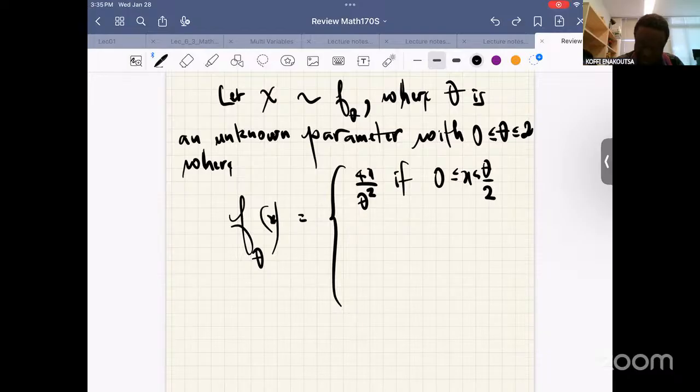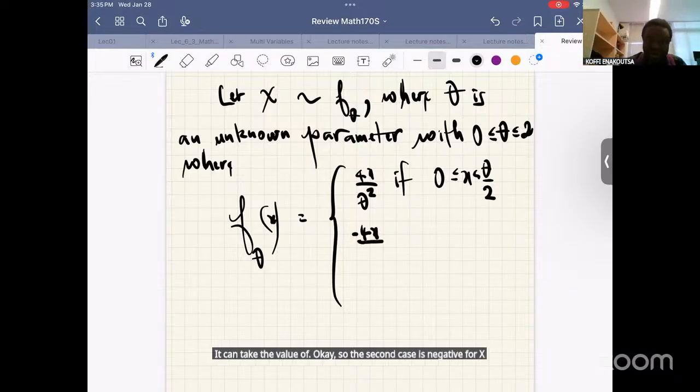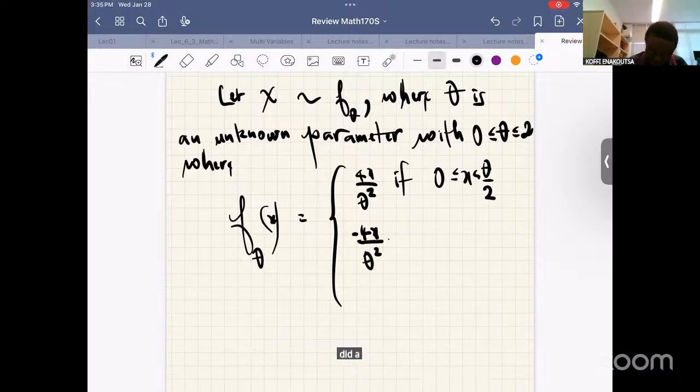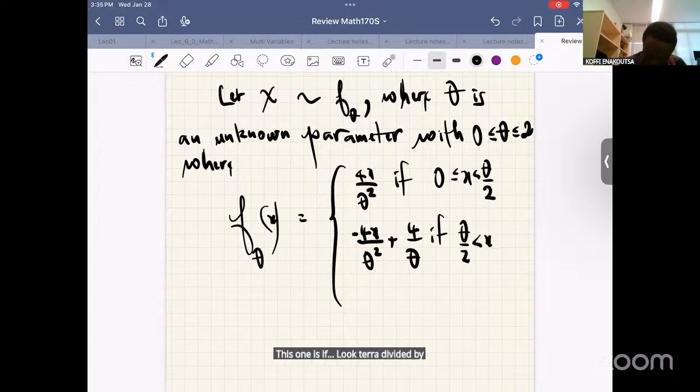The second case is negative 4x divided by theta squared plus 4 over theta, if theta divided by 2 is smaller than x, which is smaller than theta, and 0 for the rest of the cases, otherwise.